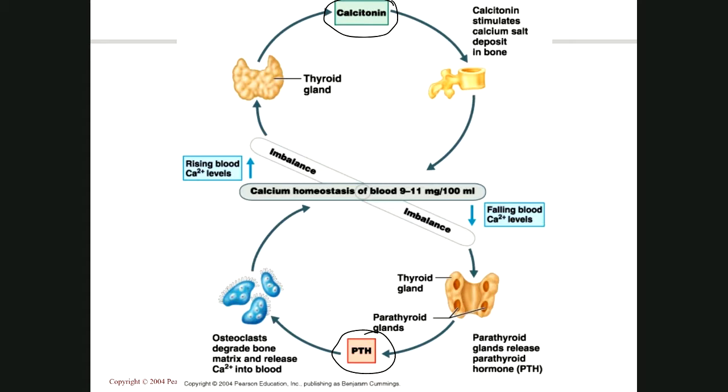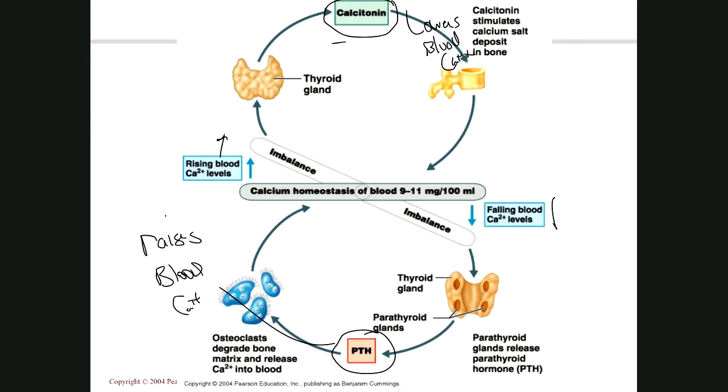PTH raises blood calcium. It makes it go up. And calcitonin lowers blood calcium. It makes it go down. So if it's too high, I'm going to release calcitonin.